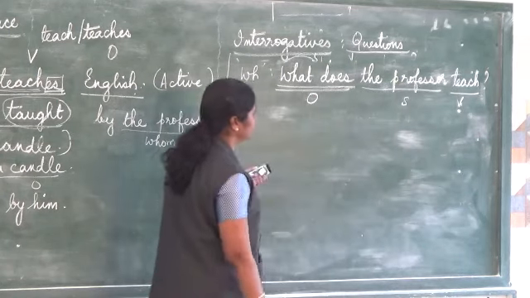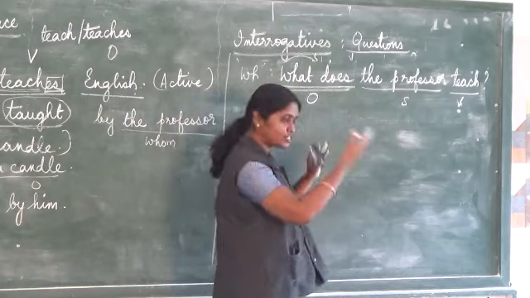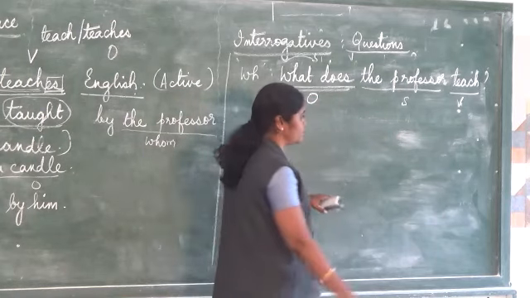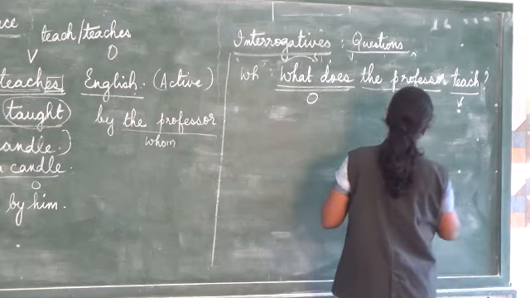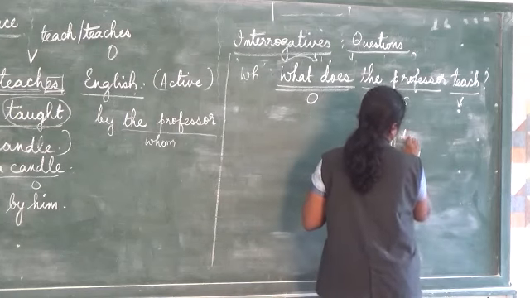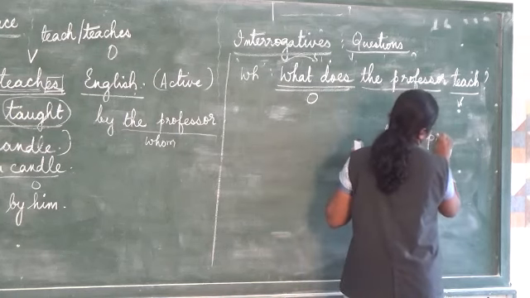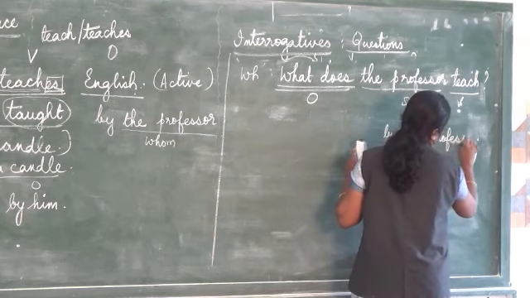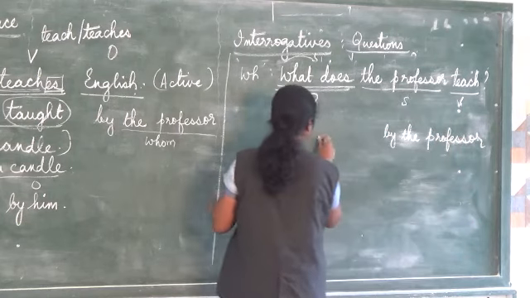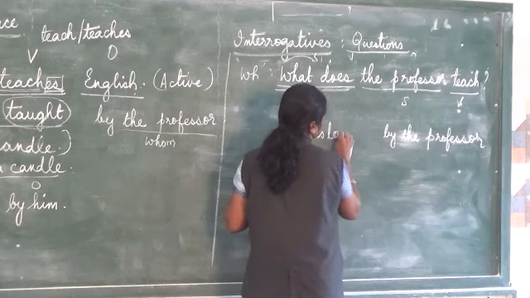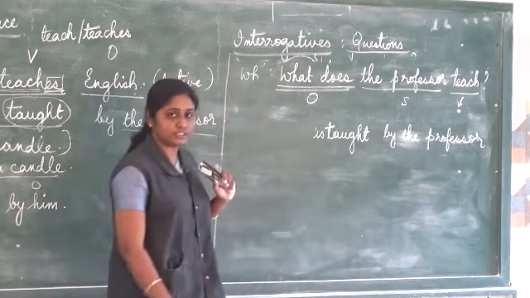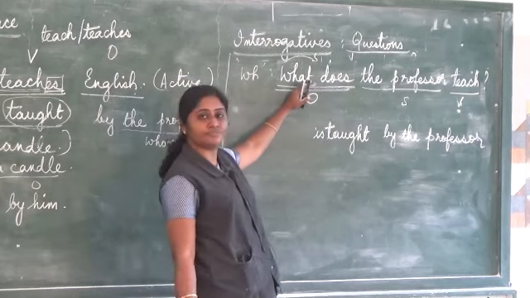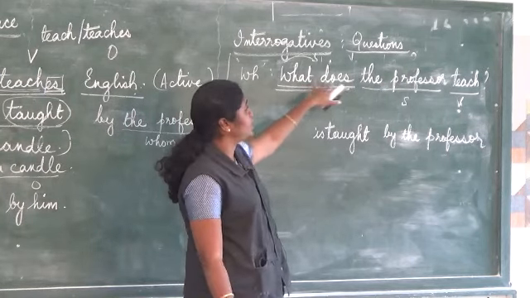Okay. So you just, as usual, you just change it into passive voice. This subject, it goes to the last, right? So, by the professor. This teach, it becomes again, is taught. Because past participle of teach is taught. Okay, what alone is left out? What does.